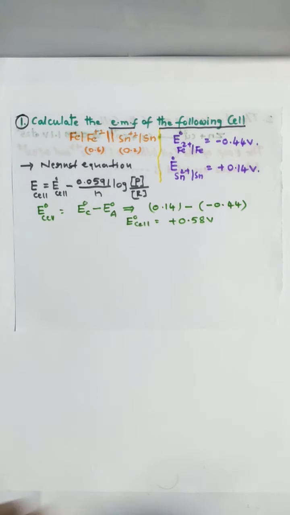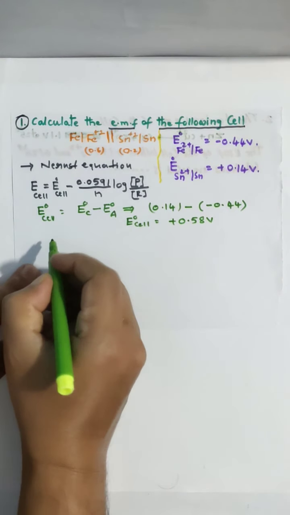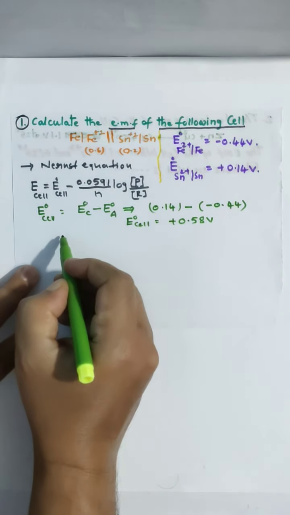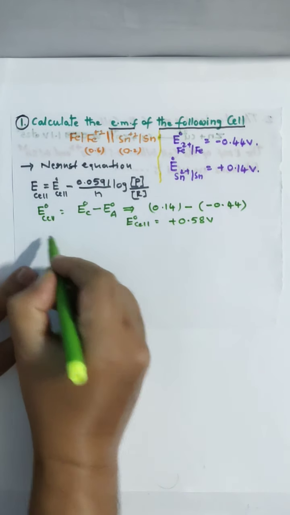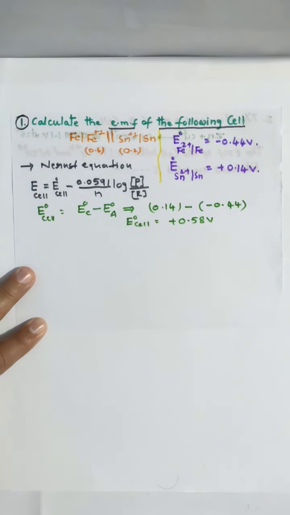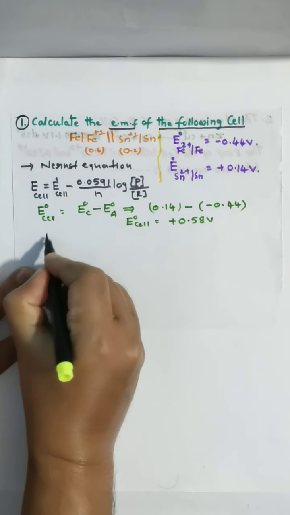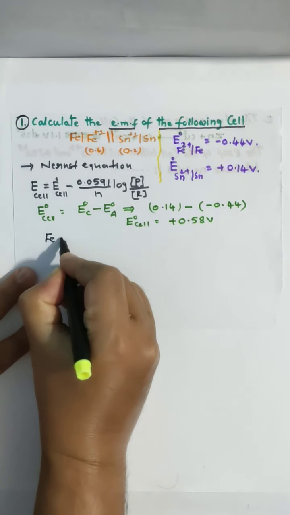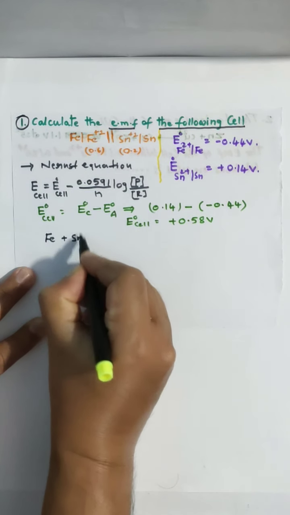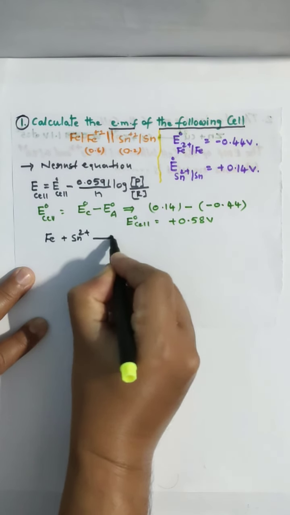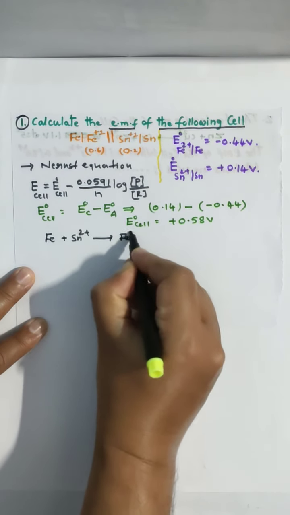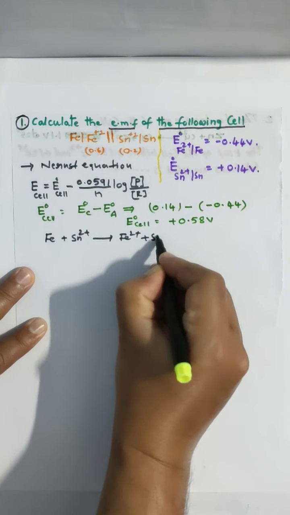Next, another thing you have to remember is the n value. What is the n value here? I am writing the cell equation: iron plus tin 2 plus giving rise to iron 2 plus and tin.